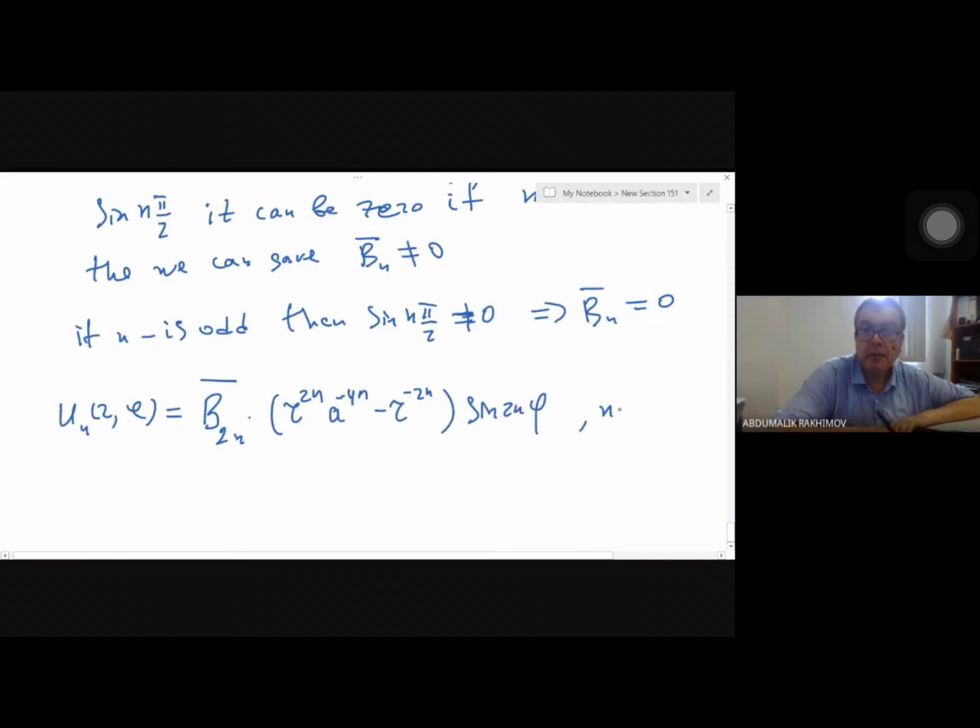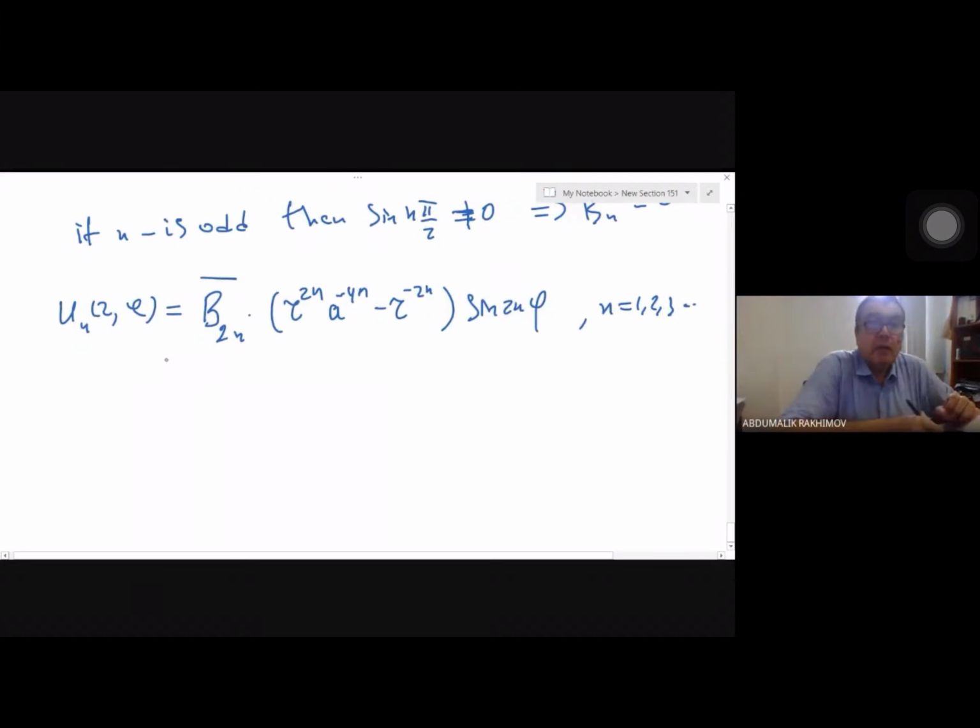Now n is 1, 2, 3, etc. So I can say only this. I'm just taking away all odd coefficients.